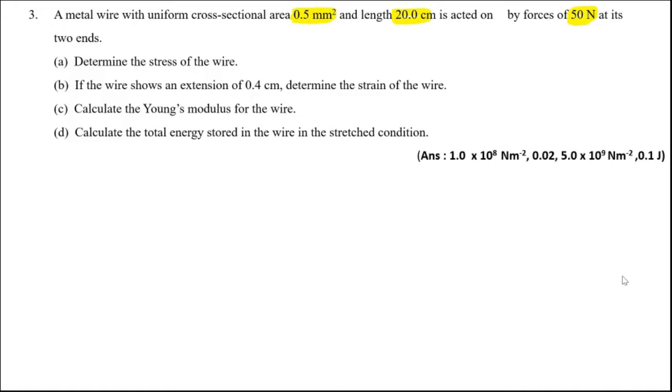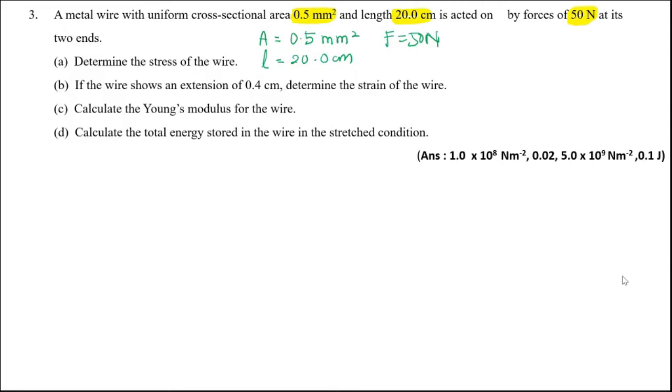From the question, the cross-sectional area is given as 0.5 millimeter squared. The length of the metal wire is also given, which is 20.0 centimeter, and the force applied is 50 Newton. So how do we determine the stress of the wire?